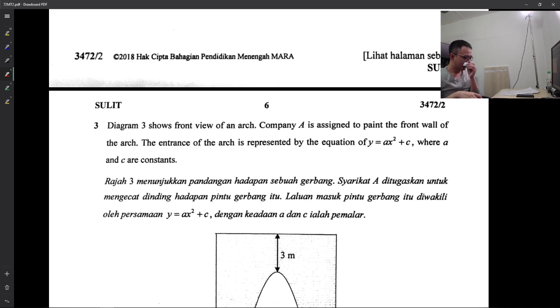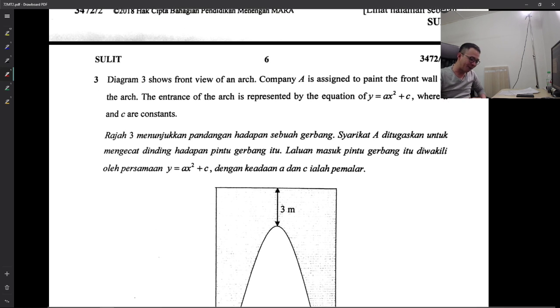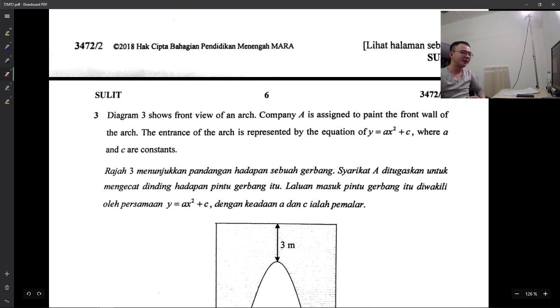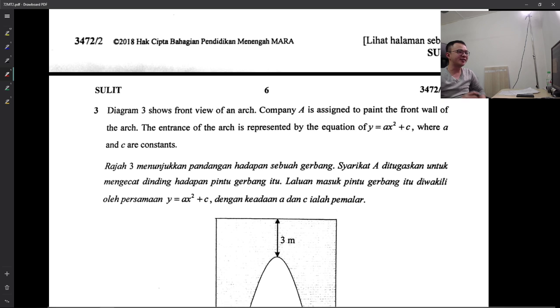Okay, so diagram 3 shows the front view of an arch. The company A is assigned to paint the wall of the arch. The entrance of the arch is represented by the equation y equals ax squared plus c, where a and c are constants.